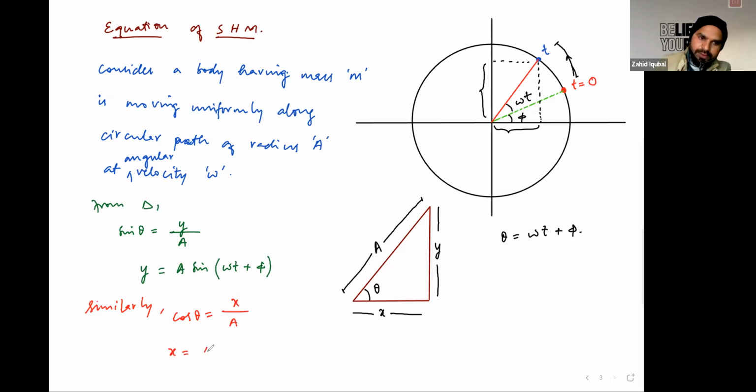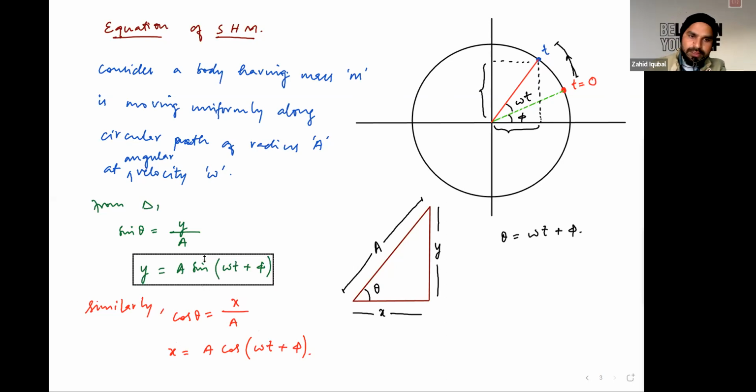So x will be equal to A times cos of omega t plus phi. So we have two parts. One is y equals A sine omega t plus phi, the vertical projection along the y-axis. And this is x equals A cos omega t plus phi, the projection along the x-axis. So these two equations are called equations of SHM.